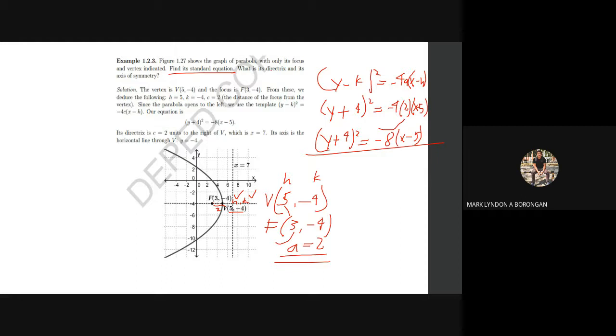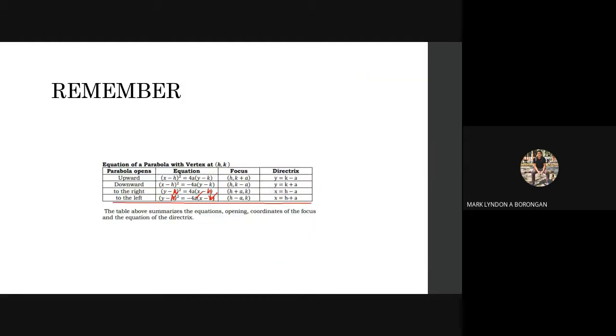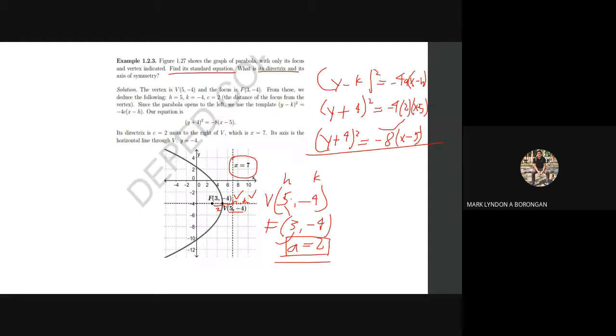Now, since we are asked for the directrix, as you can remember, the directrix will just be equal to the focal distance. So, behind the parabola, you count 1 and then 2. Going to the right, you add 2 here. So your directrix will be equal to 7, right? Because 5 plus 2 is 7. So, this is our directrix: H plus A. Our H here is 5 plus A, which is 2.